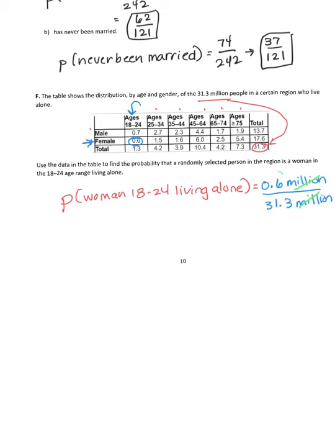We're left with a decimal divided by a decimal. You can do it in your calculator, but if I multiply the numerator and denominator by 10, that moves the decimal point over one place. Remember, I always have to do the same thing to the numerator and denominator of a fraction. So I'm left with 6 divided by 313. So 6 out of 313 is the probability of a female living alone between the ages of 18 and 24.